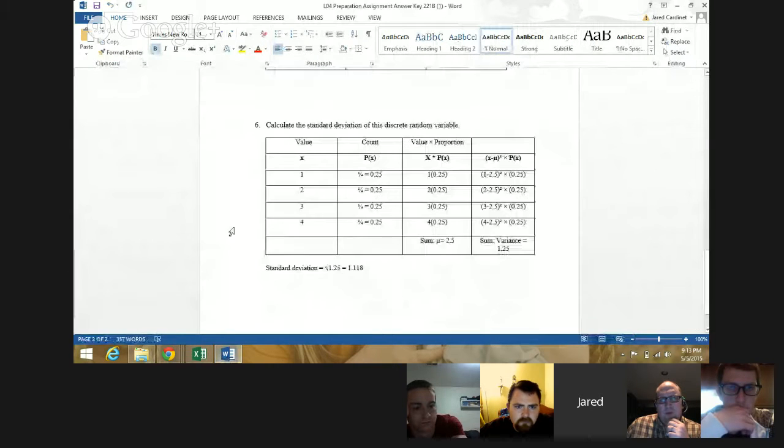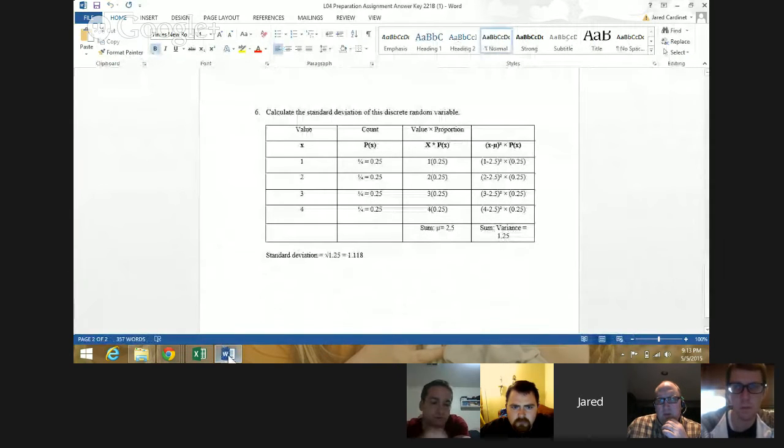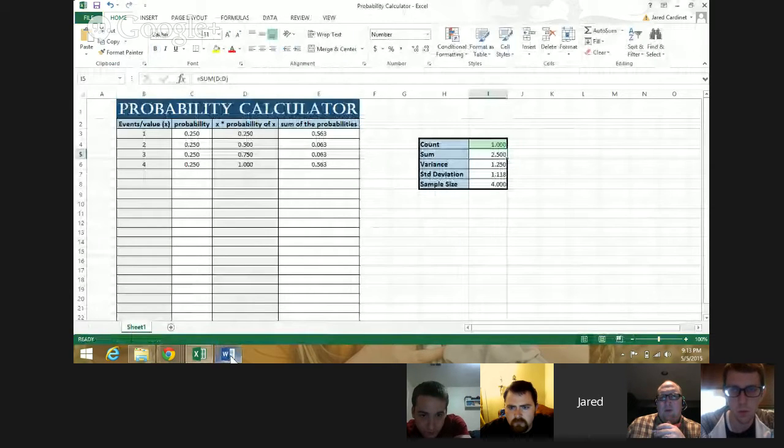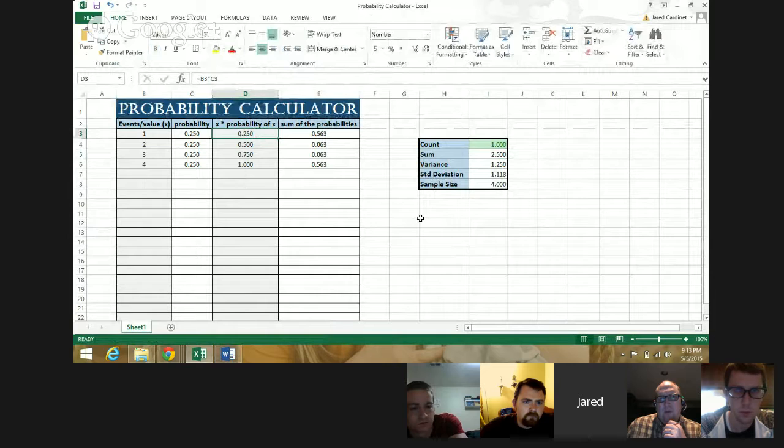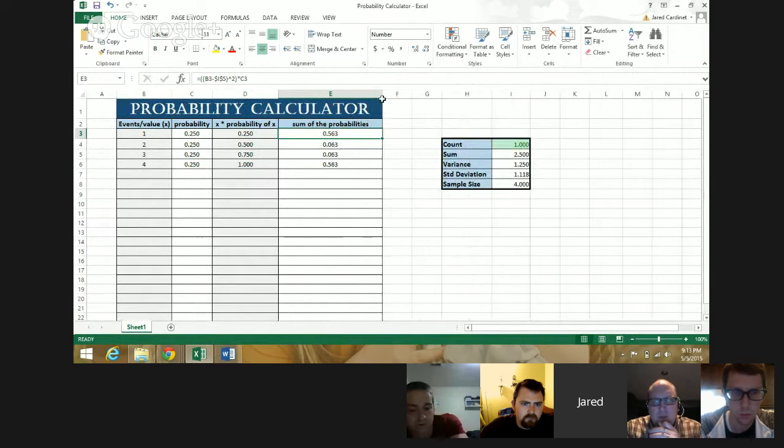And then number 6 is the standard deviation. So going a step further, you take the sum of the probabilities. Let's see. How do I do this?